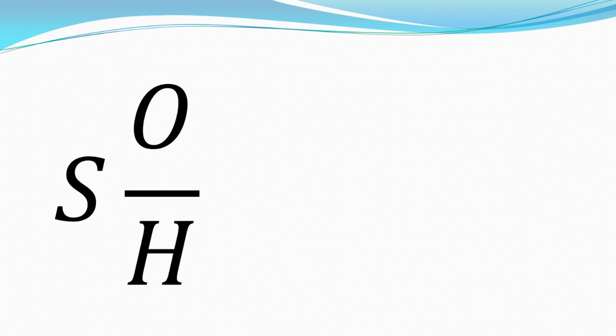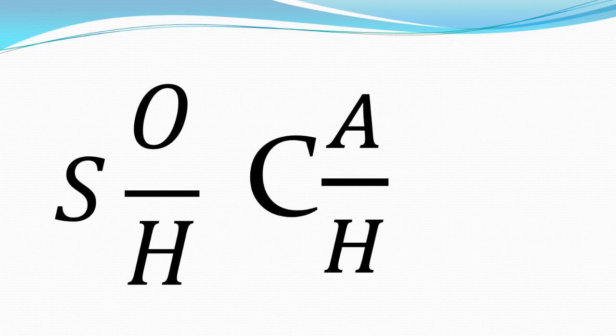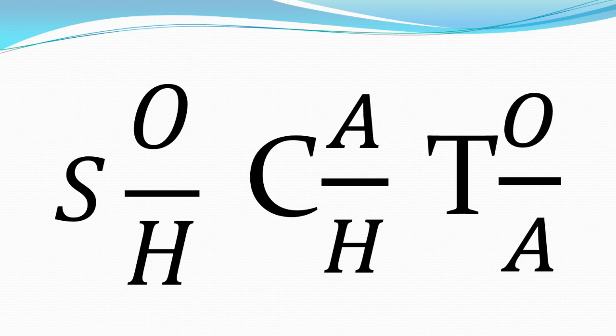Some people benefit from writing SOHCAHTOA in a different way. Here we have big S, that represents sine. Here we see the ratio of opposite divided by hypotenuse. Cosine, big C, is the ratio of adjacent divided by hypotenuse. And then TOA, which is the tangent, represents opposite divided by adjacent.